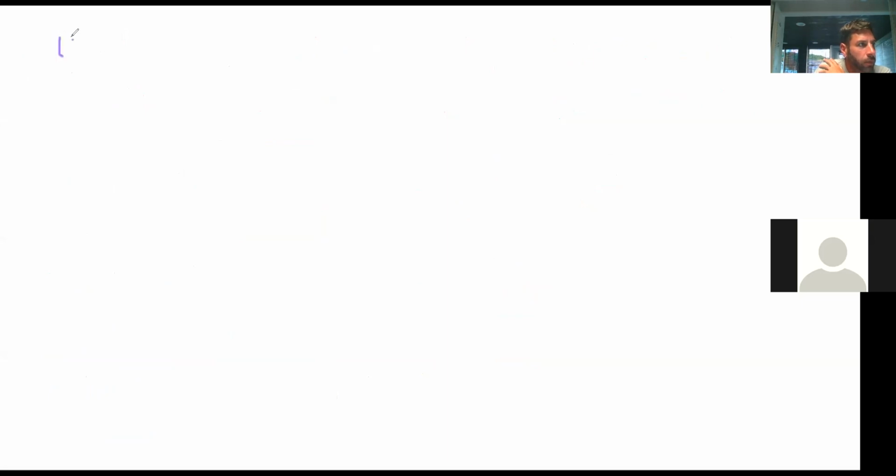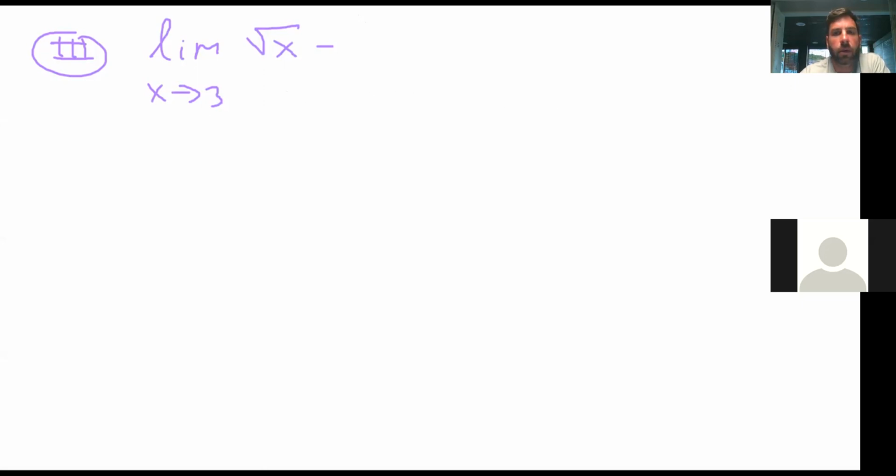So one of the types we didn't consider yesterday was what happens when a factorization is not obvious. So let's look at something like the limit as x approaches 3 of the square root of x. Actually, not 3. Let's be more careful here.